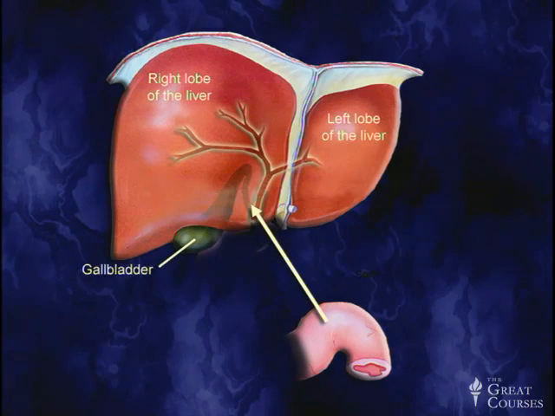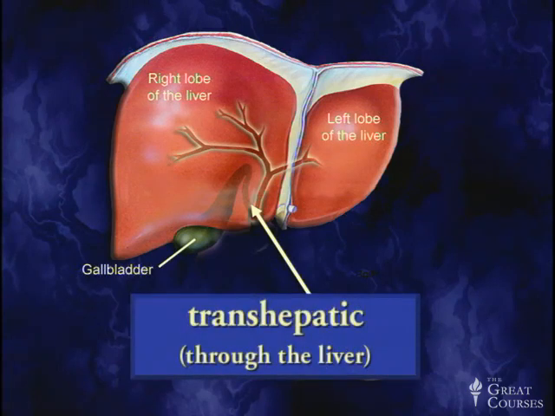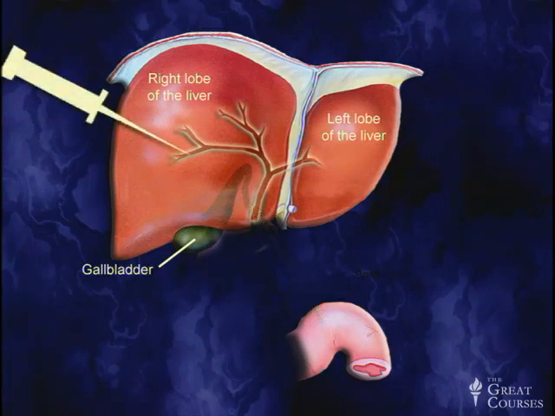There's another technique called percutaneous, which means through the skin, transhepatic, through the liver, insertion of a catheter. A radiologist can stand on the outside of the patient and through a needle, go through the abdominal wall and put a needle blindly with suction through the liver. He or she is very likely to strike a bile duct because they're dilated.